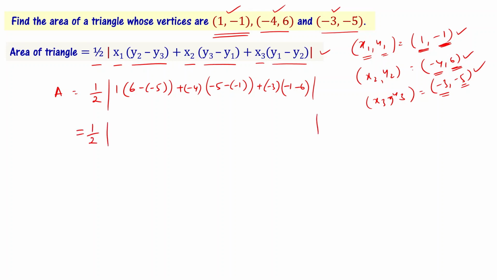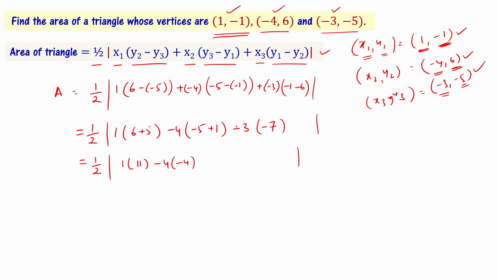Half and modulus operator let's keep as is. 1 times 6 plus 5, right, minus 4 times minus 5 plus 1, right, plus minus 3 times minus 7. Right, this can be now written as half times modulus of 1 times 11 minus 4 times minus 4 minus 3 times minus 7.